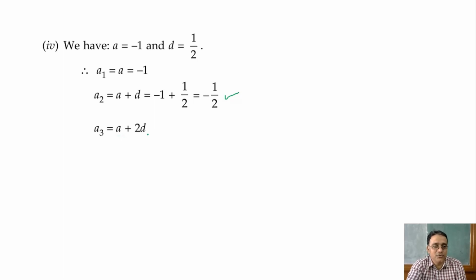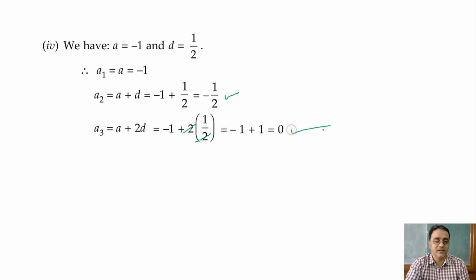A3 is A plus 2D. That is -1 plus 2 into 1/2. So 2 cancel, -1 plus 1. 0. Right. और हम लोग A2 plus D भी लिख सकते हैं. That is -half plus half. 0.